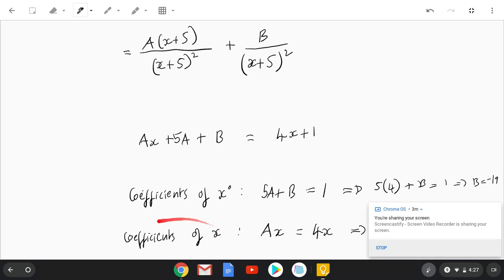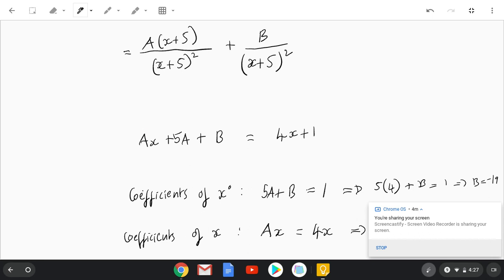Okay, the coefficients of x, that means any value that's multiplied by x. So on this side it's 4. So this 4x should equal the values of the coefficients multiplied by x on this side.